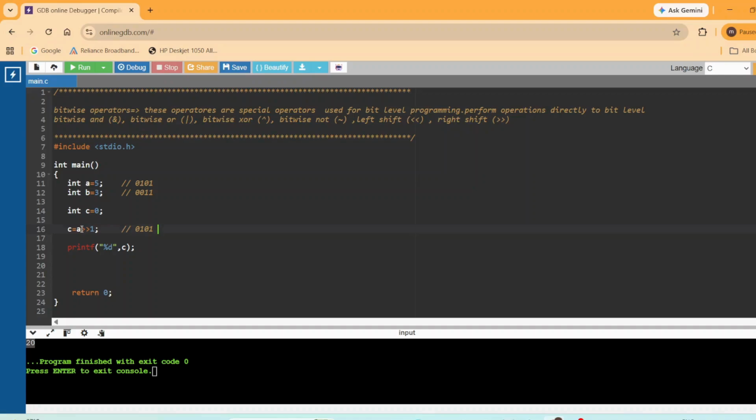So a right shift 1 means it will remove the 1 from here and add 0 here. So that means 0, 1, 0, which is 2. So we will get 2 here. See, we are getting 2 here.